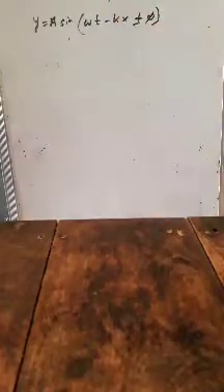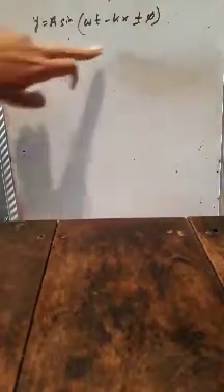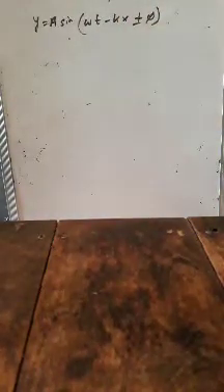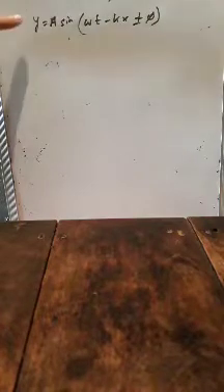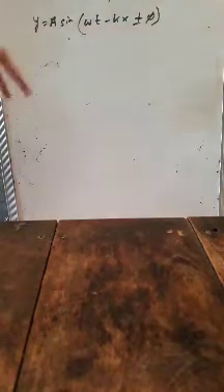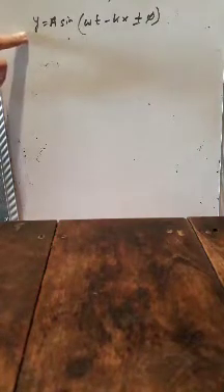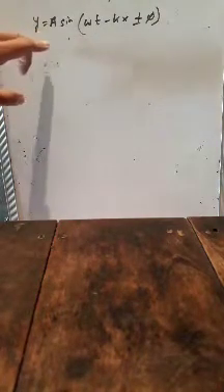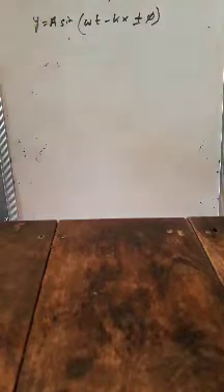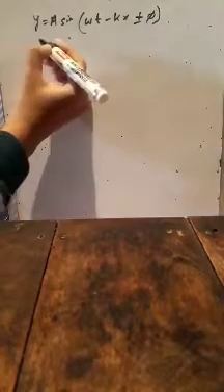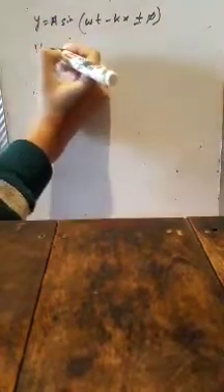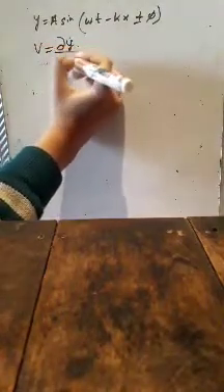Let us assume this is the displacement of a particle in a progressive wave. Now think of the mathematical calculation. What will be the velocity? Velocity means you have to differentiate it one time, so velocity v is dy by dt.